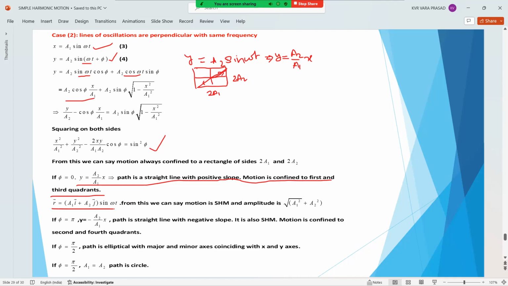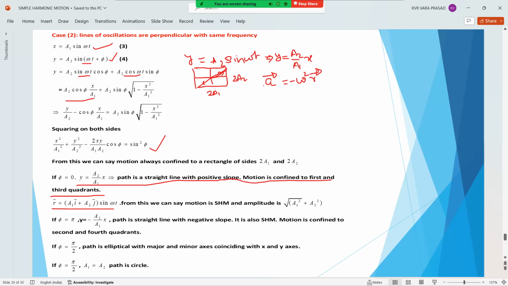Or we can write r bar equal to (a1 i cap plus a2 j cap) into sine omega t. If we differentiate this twice, we get acceleration a bar equal to minus omega square into r bar.